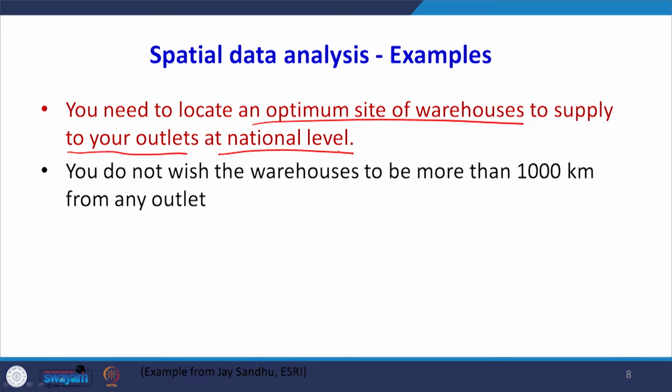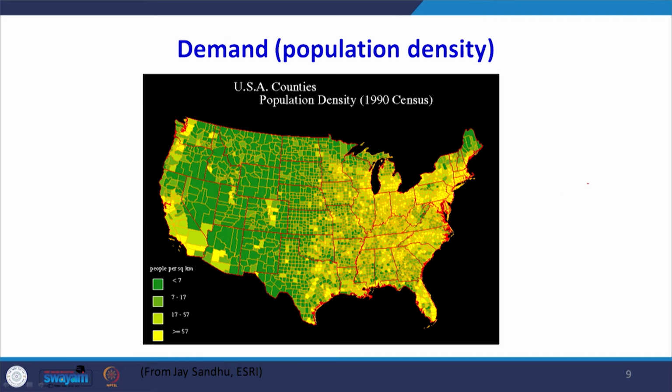And also you have a condition that you do not want your warehouse to be more than 1000 kilometer from any outlet. They should be within 1000 kilometer distance only when you are selecting more than one.